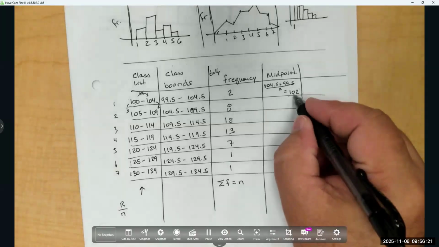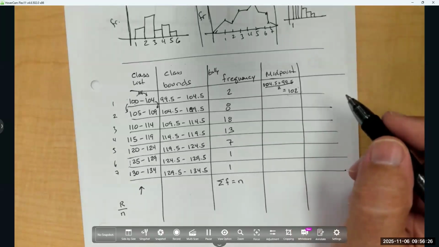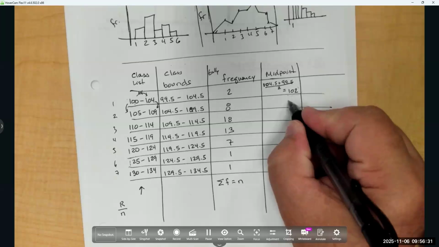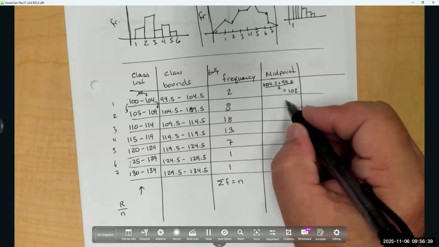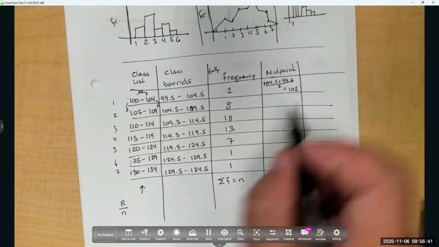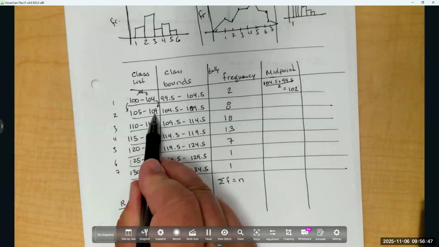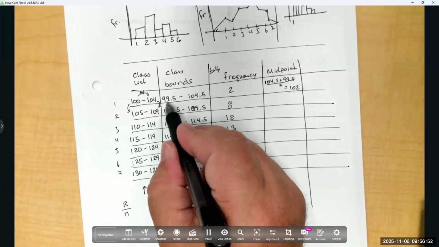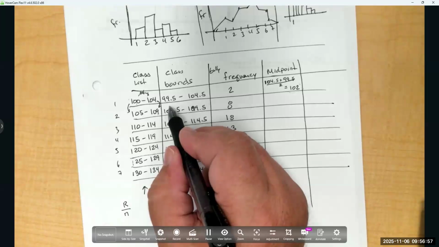So what's our next number? If this one's 102, what's the next one? What's that? 110? How'd you get that? Because remember, the second class ends at 109.5, so it can't be 110. What do we notice from the lower bound of one class to the lower bound of the next? How far away is it?